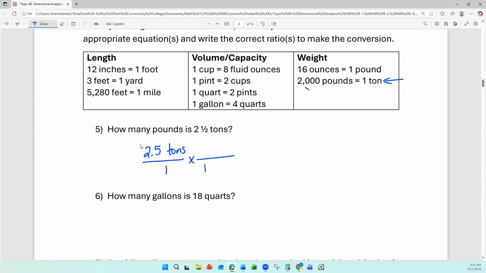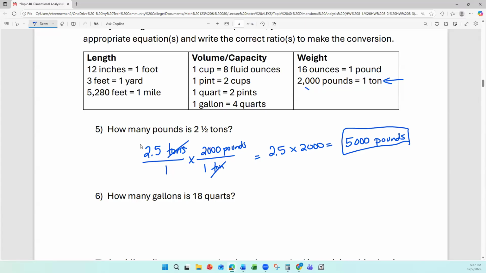I'm going to put the 1 ton on the bottom so that the ton units will cancel, one on top, one on bottom. And that puts the 2,000 pounds on top. The ton units cancel, and this tells me to take 2.5 times 2,000, which is 5,000 pounds.